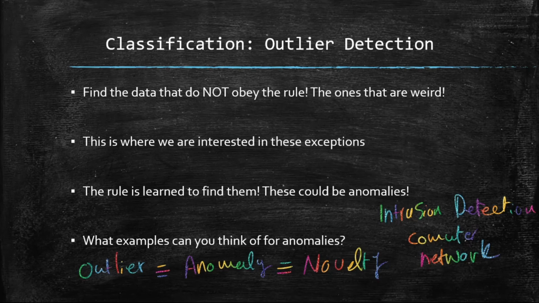So that is an intrusion, that is a type of attack, and you want to detect it. And that intrusion is the novelty, that is the anomaly, that is the outlier that you want to find. So basically here, you would train the system with loads and loads of different types of attacks that are known.